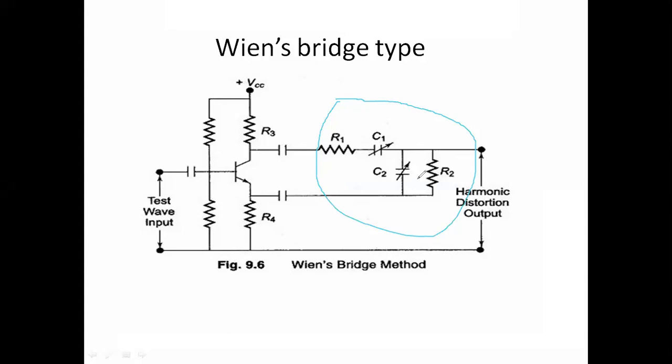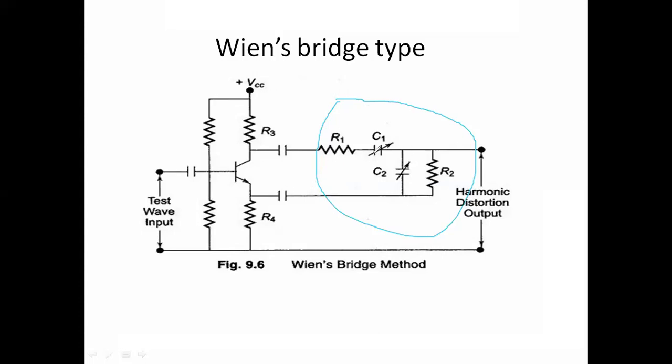The fundamental energy is dissipated by the bridge circuit elements. Whatever the applied fundamental frequency signal may be, that signal will be dissipated in these components. In such a situation, the bridge is balanced.